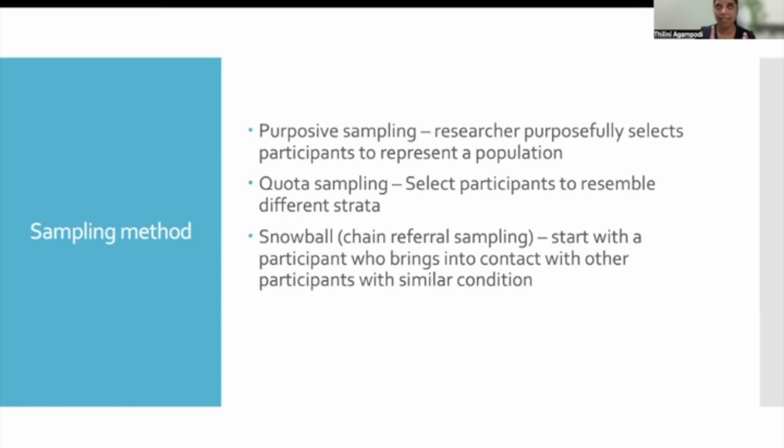It may be mothers with different educational levels, different ethnicities, different socioeconomic status, right? So likewise, you purposefully select, rather than getting a convenient sample where you pick the mothers who are present on that day, that's convenient sampling, right?